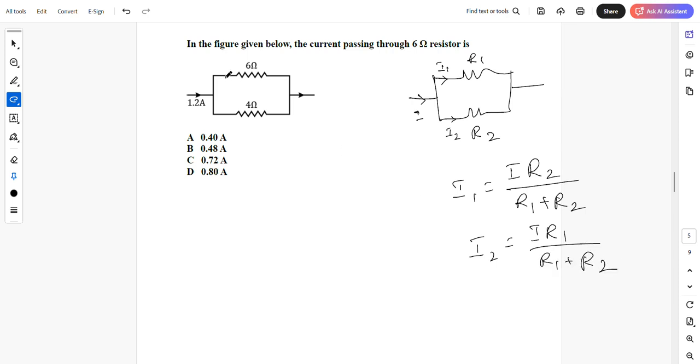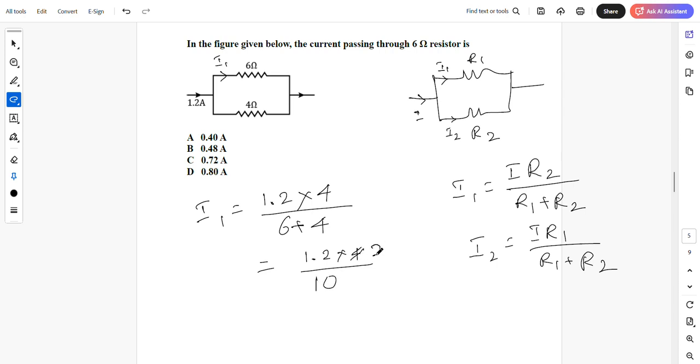Now in the same way, how do we calculate the current flowing in the 6 ohm resistor? I1 is equal to the main current, which is 1.2, into the resistance of the other branch, that is 4, divided by the sum of the resistances, 6 plus 4, right? That is equal to 1.2 into 4 divided by 10.